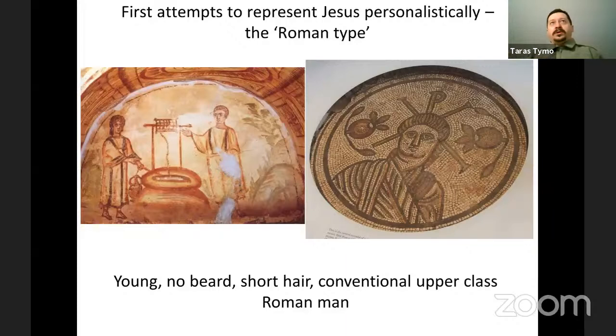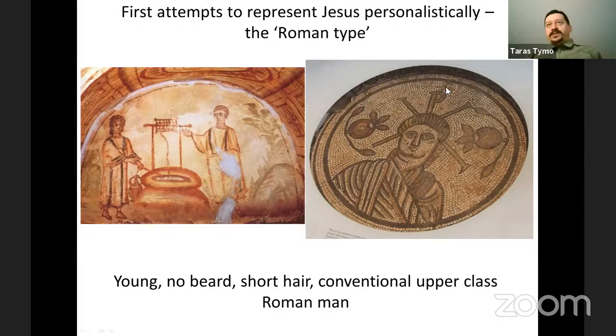But most of the early Christian images had no connection with Jesus' actual look whatsoever, and the brightest example of that is the so-called Roman type of representation of Jesus that comes from the Roman catacombs, and some other examples of Western art, art that developed in Italy, in Rome, and even more westward, like this representation you have seen before.